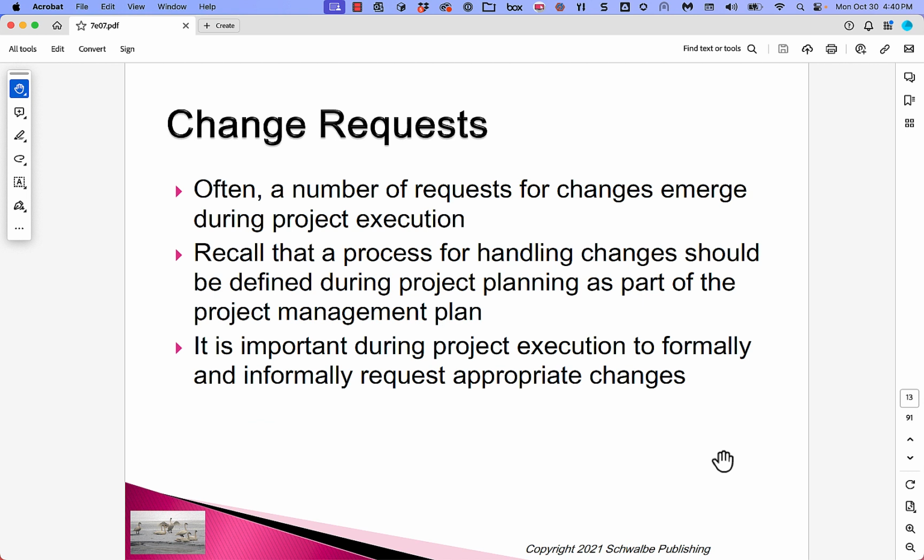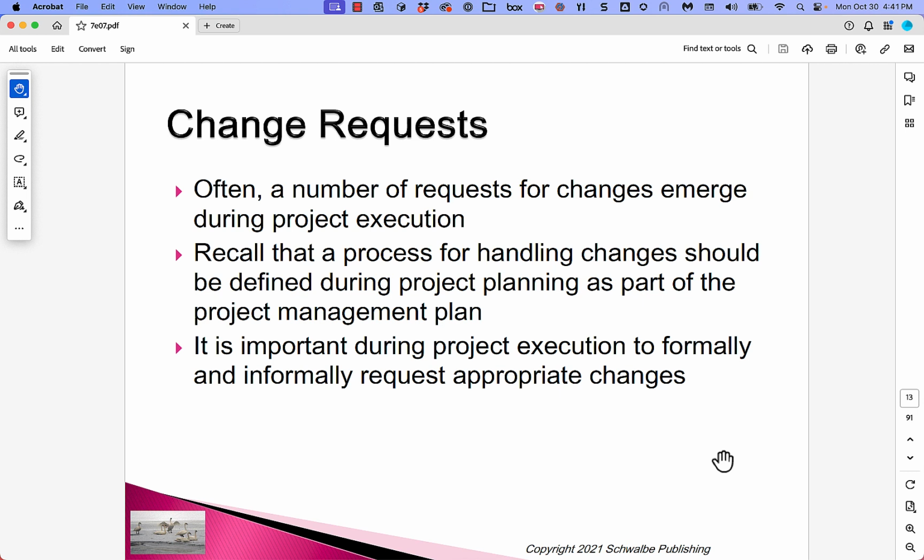Change requests. If you're on a traditional project, and you've got documents that are agreed to expressions of the requirements or agreed to expressions of the design, then as people change their mind about what they want, we need to be able to document that.